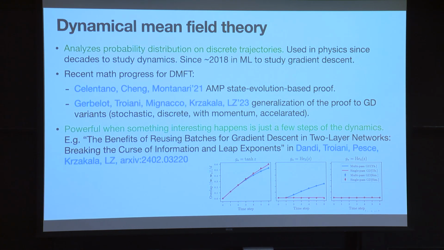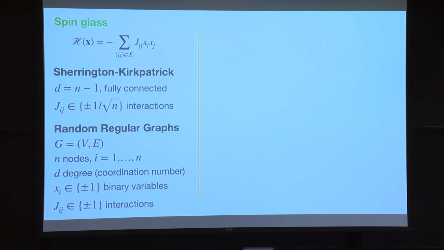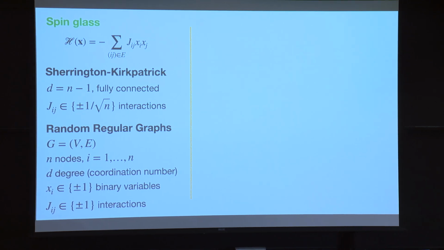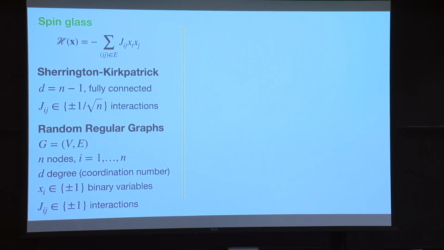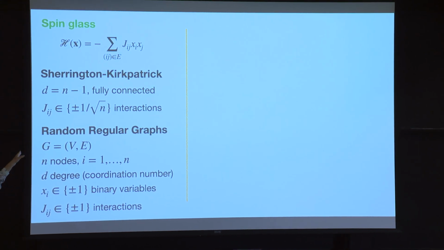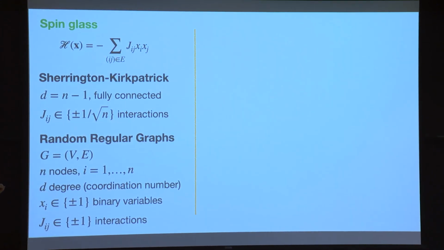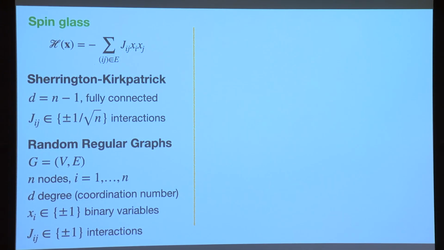But I really want to stop talking about how that works. Go back to the spin glasses, but we will do something similar. So we will be looking at the Sherrington-Kirkpatrick model where the graph of interactions is fully connected, and we need to rescale the j's properly so that this behaves nicely. It has a proper limit, so that the limit makes sense.